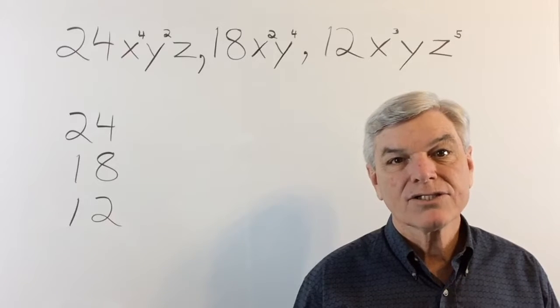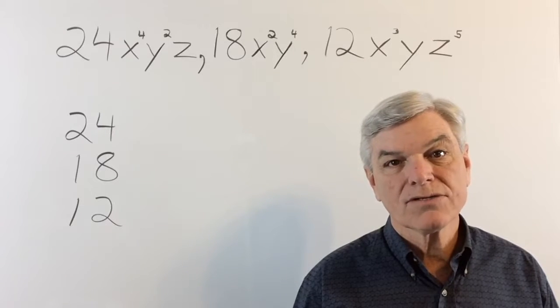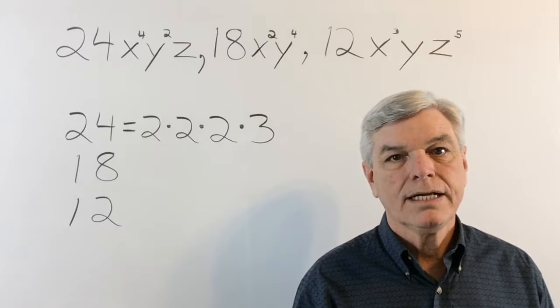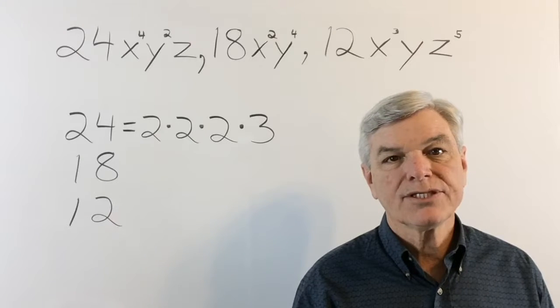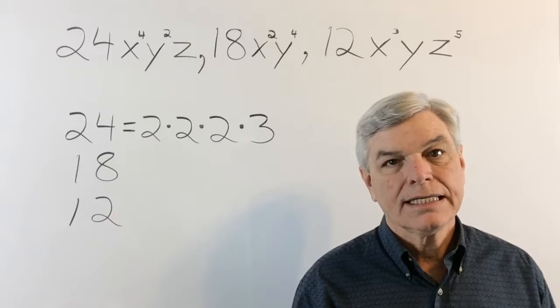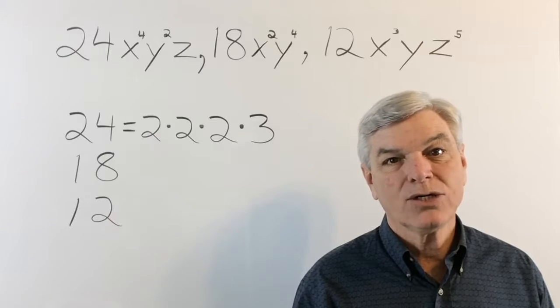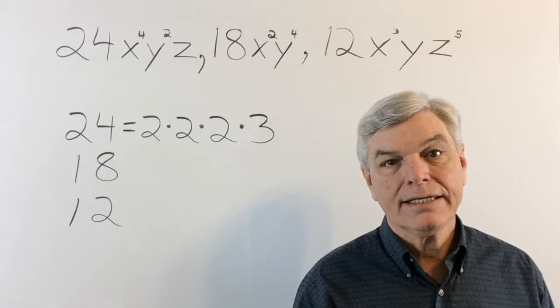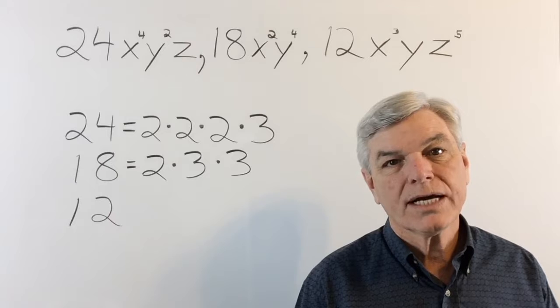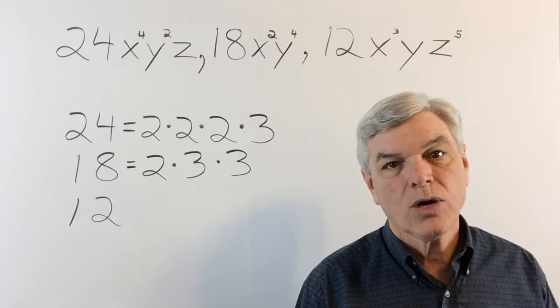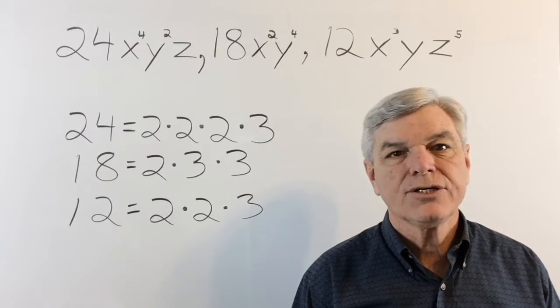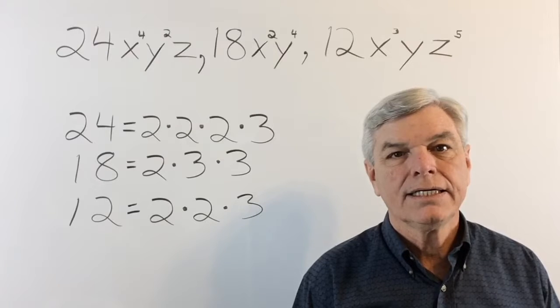So the prime factors of 24, or the smallest parts of 24, are 2 times 2 times 2 times 3. That's as much as I can divide 24 out. 18 would be 2 times 3 times 3. And 12 is 2 times 2 times 3.